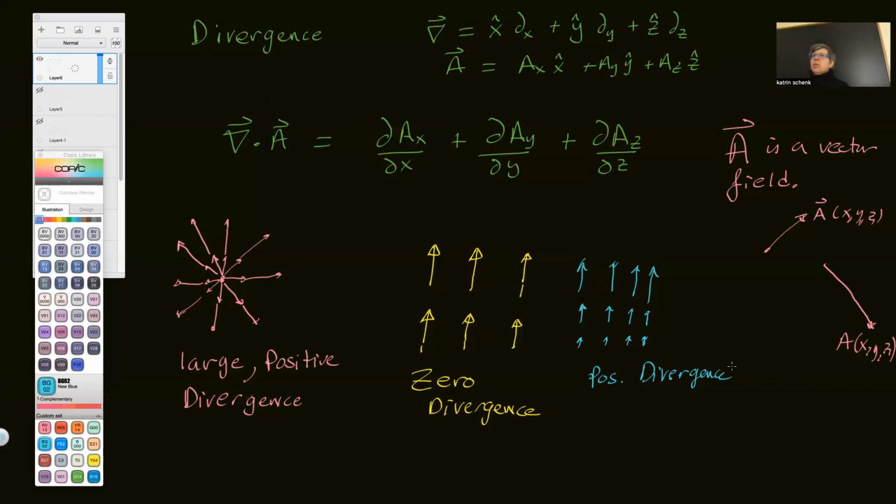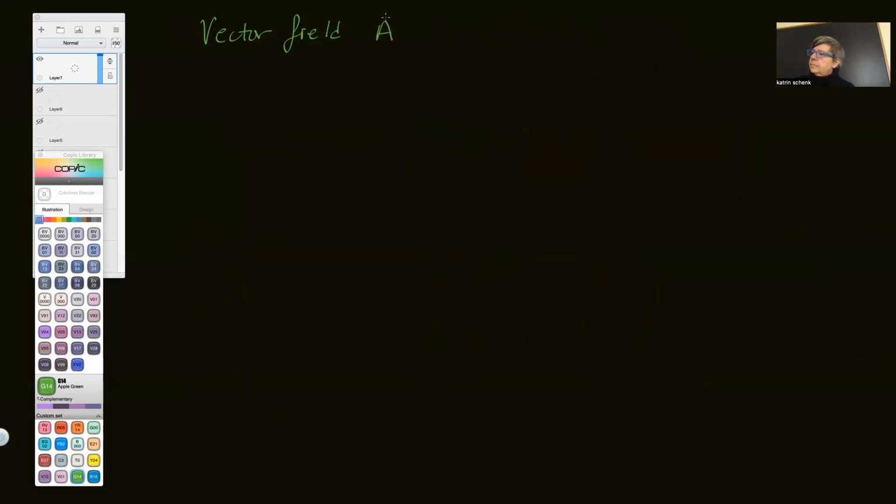Let's go on to the curl. So again, think of a vector field A, where everywhere there's a little vector pointing in some direction.